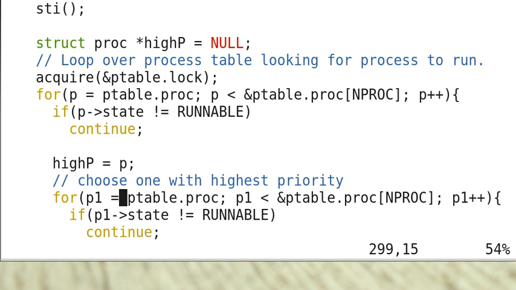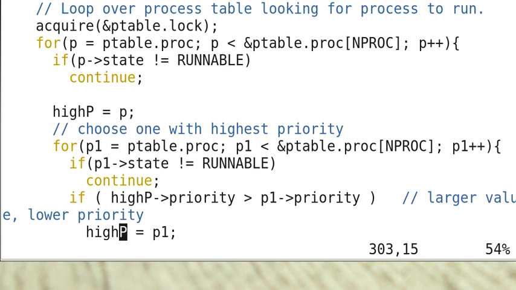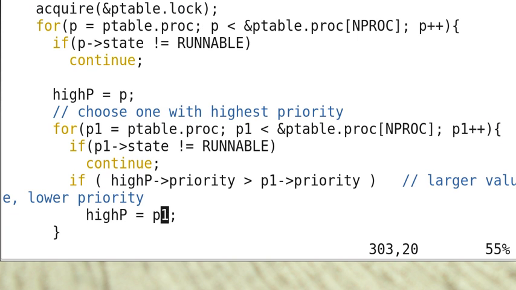And we compare this process with all the processes in the table, and of course we only compare those that are runnable. If not runnable, we continue. And if we found one in the table that has higher priority, that means smaller value, then we set highP to that new process.